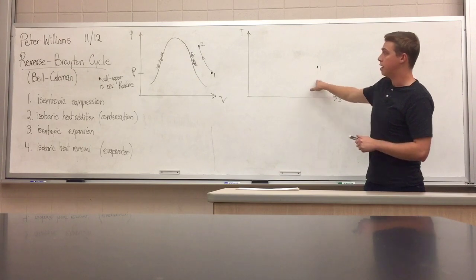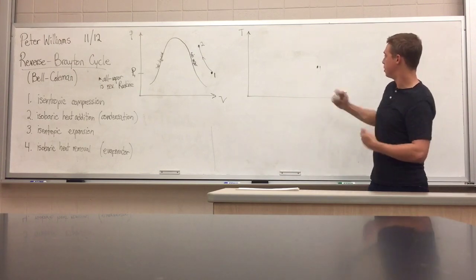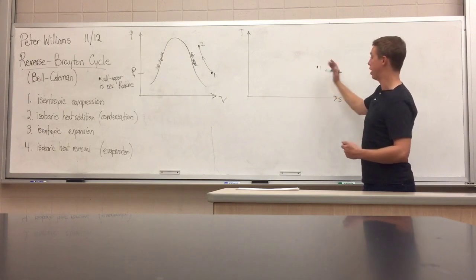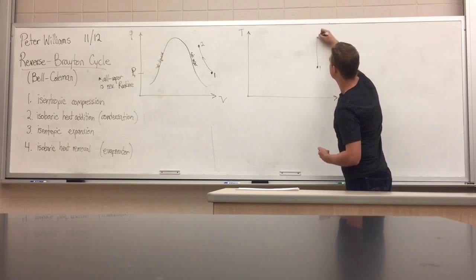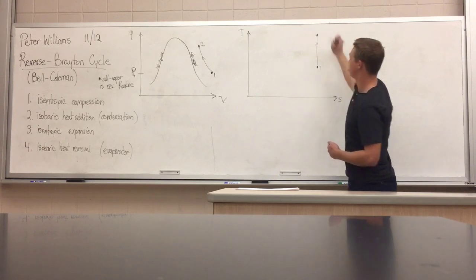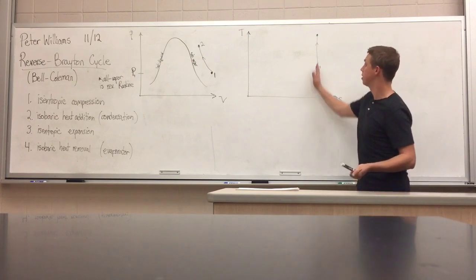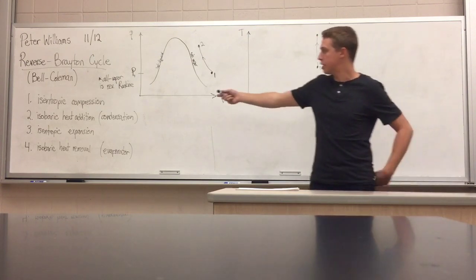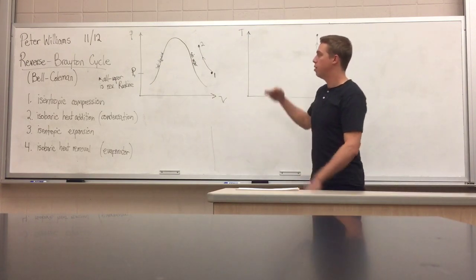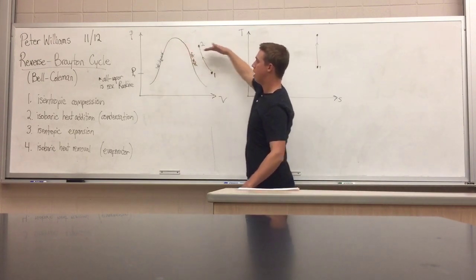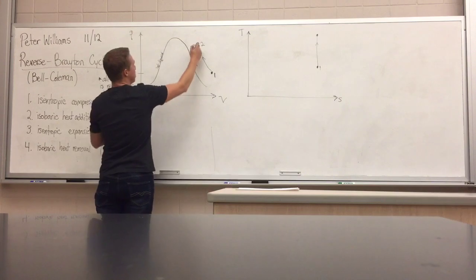Over here, it's isentropic. That means constant S. There's no deviation or change in S. So this just goes straight up. Okay? That makes sense. Isentropic, constant S. For the next step, we have heat addition, but it's isobaric. So our pressure is constant. So here's what we get.